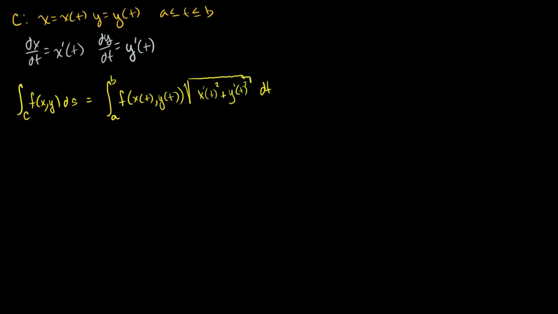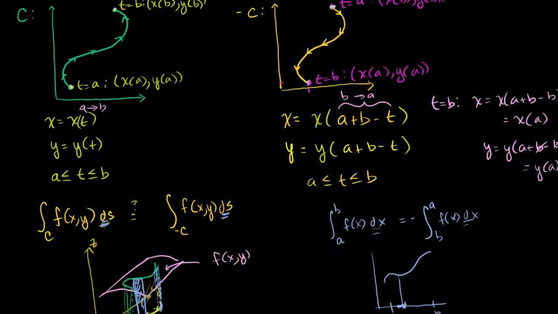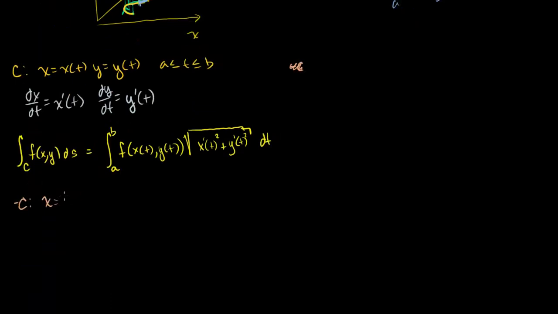Now, let's do the minus c version. I'll do that in this orange color. The minus c version, we have x is equal to, you remember this from the last video, x of a plus b minus t.